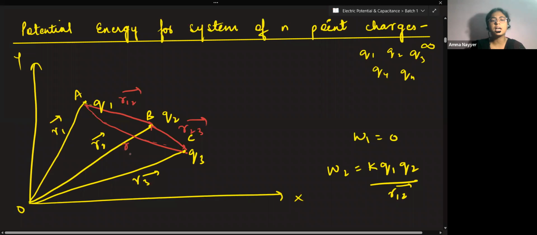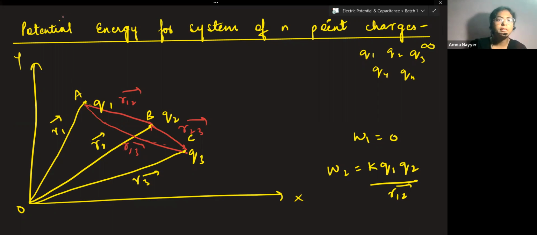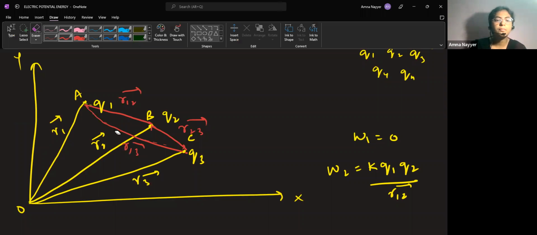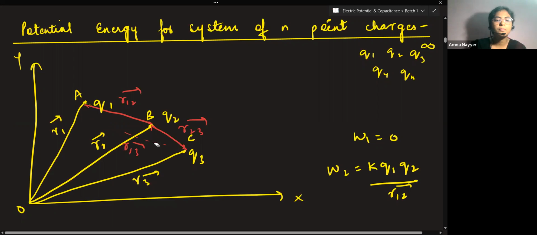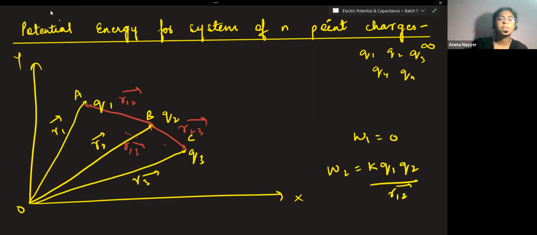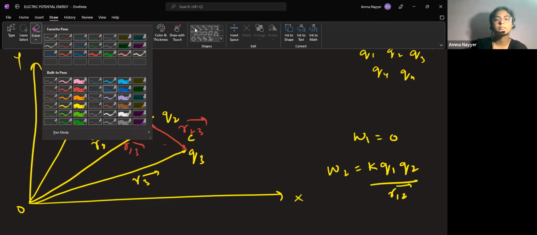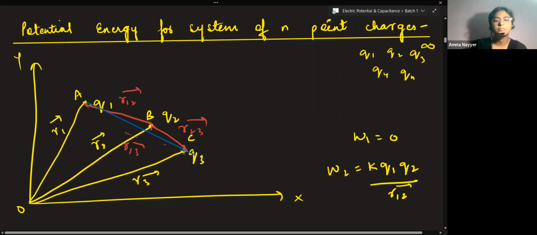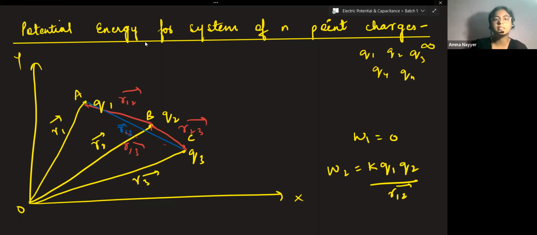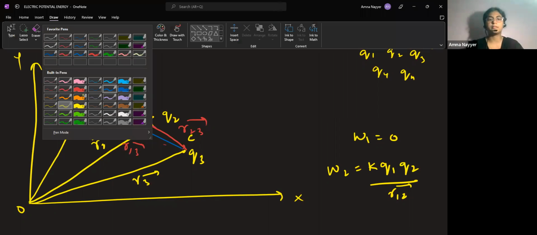Let's say this separation is R13. Let me draw it again. This is the R13 separation. Is the separation between all three charges clear right now? There are three charges present.